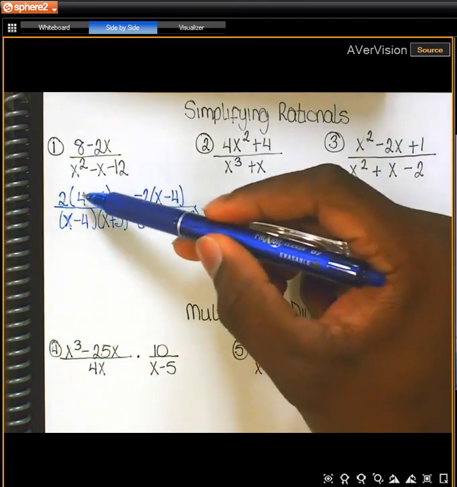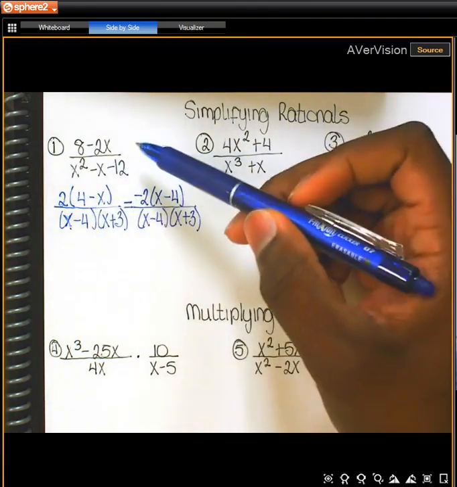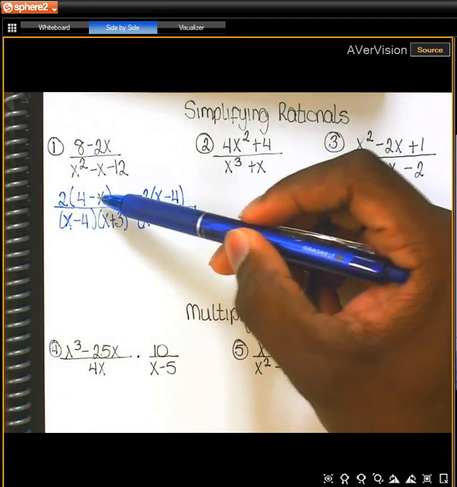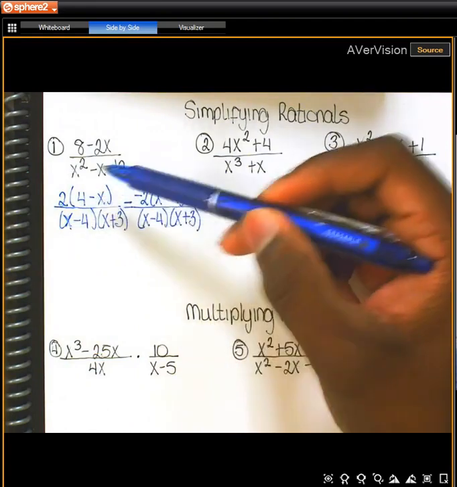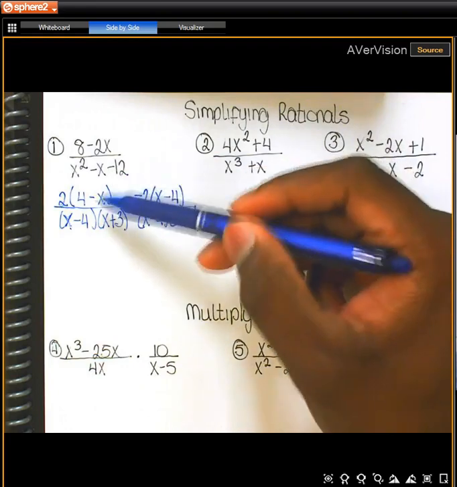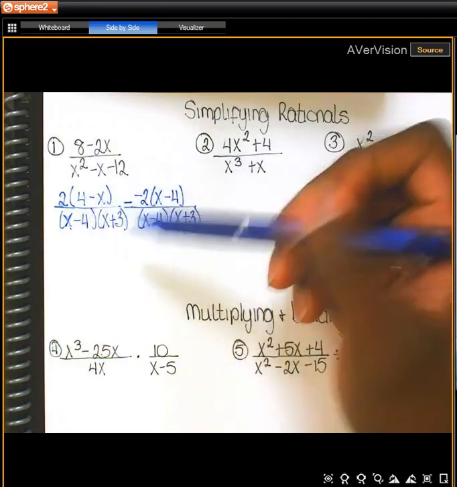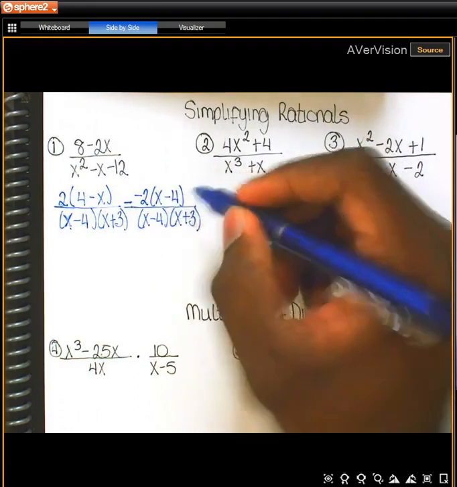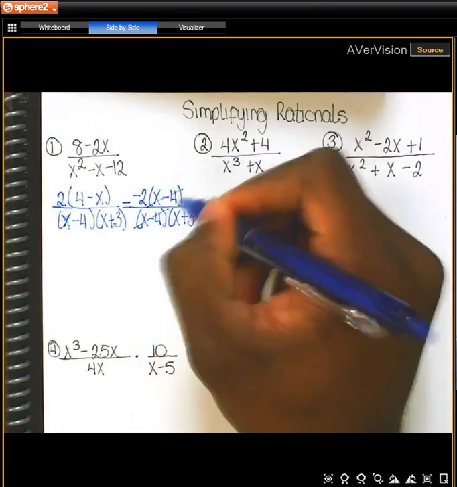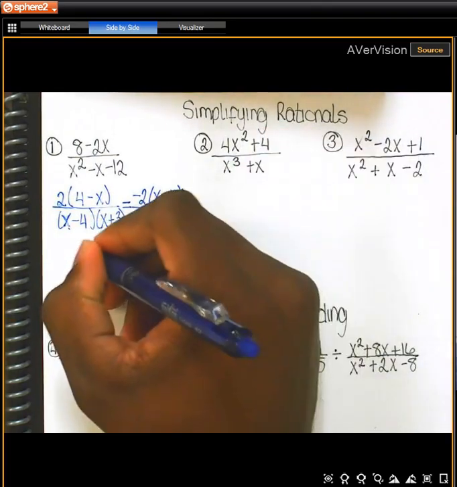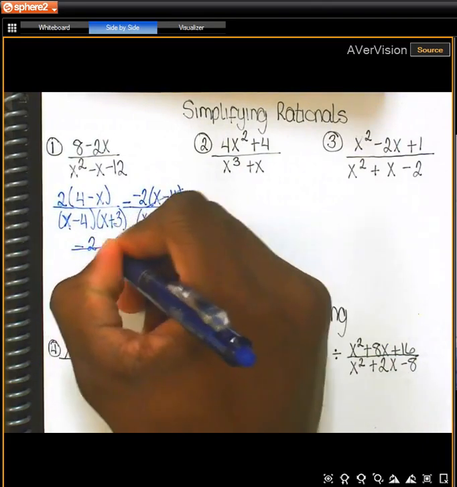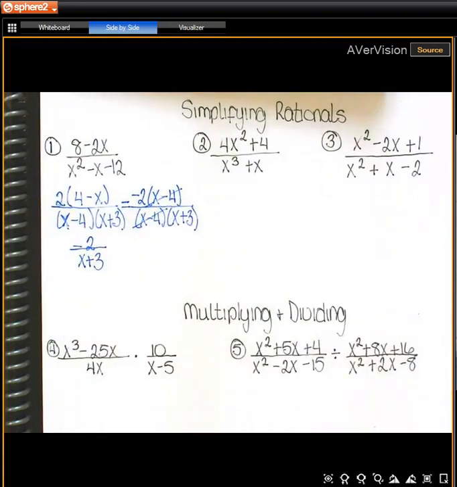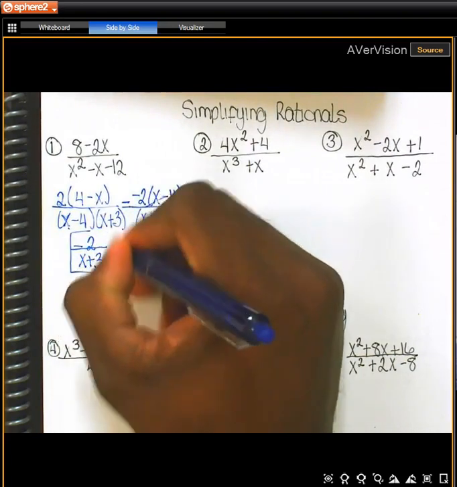So these two were not the same. They look the same, but they're not exactly the same. Over here, the 4 is positive, down here is negative. Over here, the x is negative, down here is positive. So to get them to be the same, we have to factor out a -1 from either this one or this one. All right, now we can cancel them out because they're the same, and everything is being multiplied. So we get negative 2 divided by x plus 3.